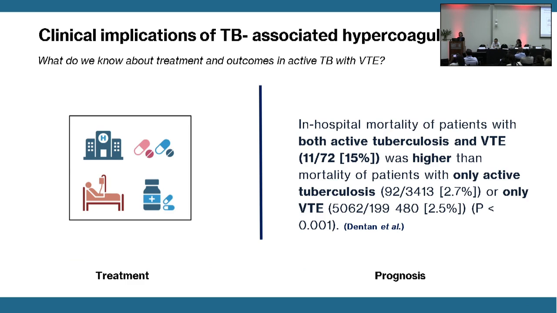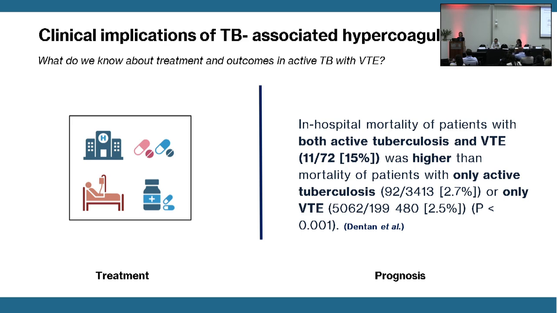Managing anticoagulation in TB patients with VTE presents unique challenges, particularly due to drug-drug interactions between vitamin K antagonists and anti-TB medications such as rifampicin. Direct oral anticoagulants present a promising alternative.